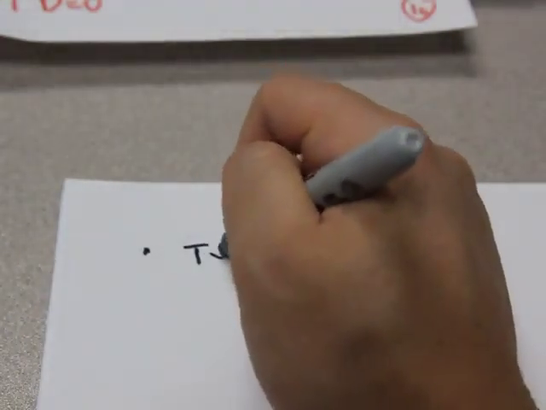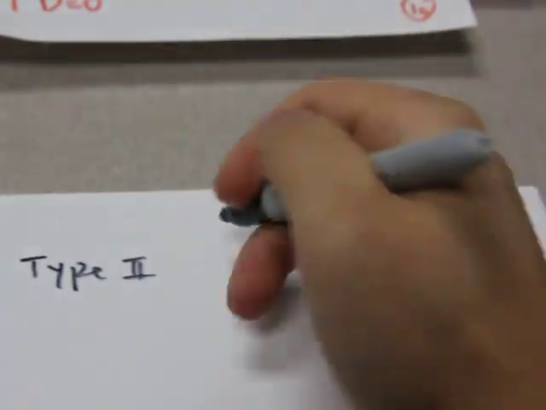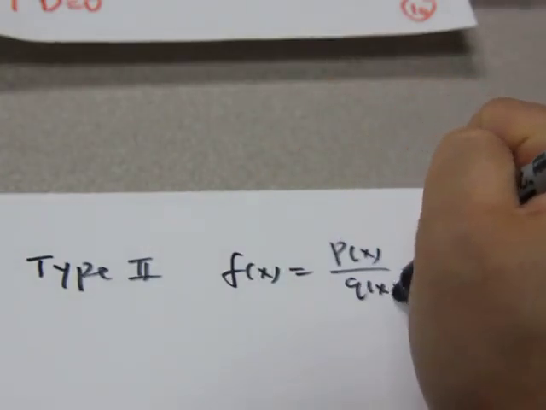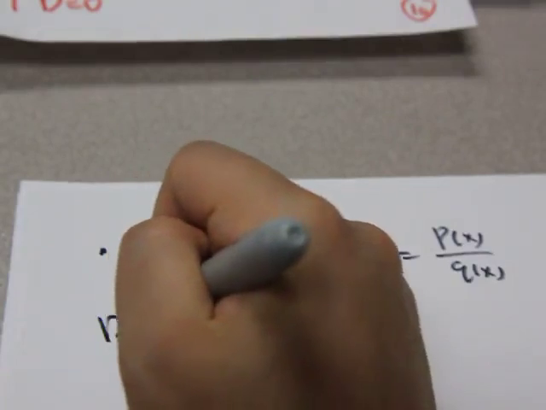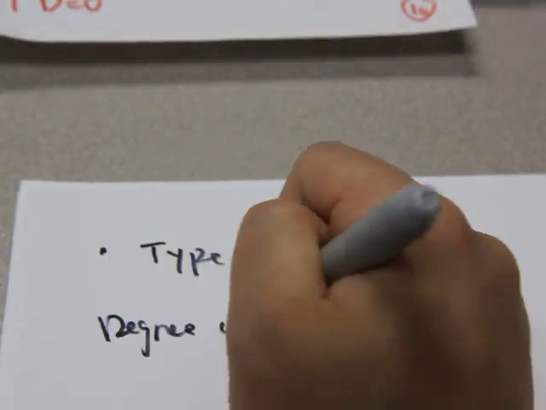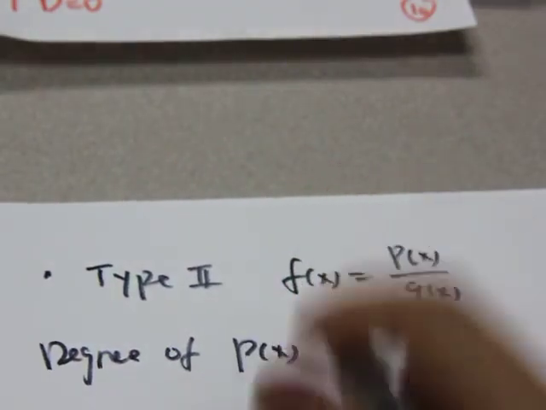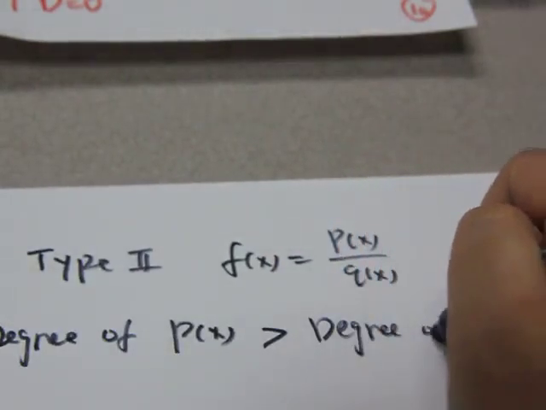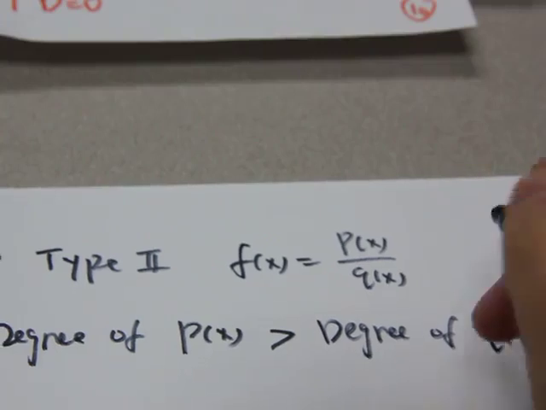Okay, now let's look at what if the degree of the numerator p(x) is greater than the degree of the denominator.